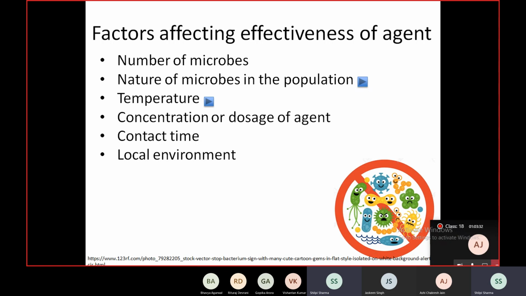In fact, this is also a reason why it's recommended that you first clean surfaces or medical or dental equipment to remove the organic matter before a chemical or physical agent is used. Even in water treatment plants or a city's water supply, the first step is removal of the organic material, and only then is it subjected to a physical or chemical agent.